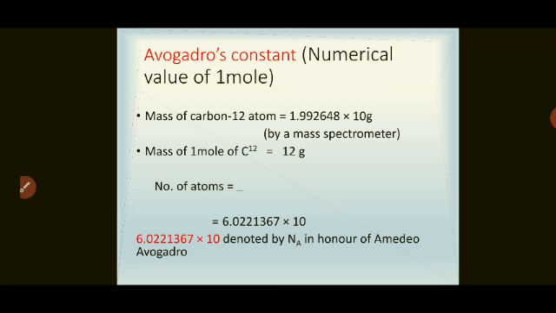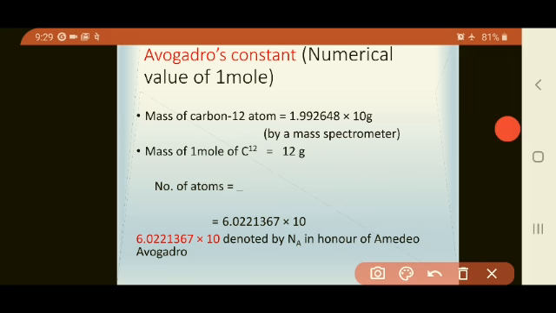It is calculated as follows. Just see, the mass of carbon 12 is 1.992648 into 10 to the power minus 23 gram. This mass is measured by using a mass spectrometer.